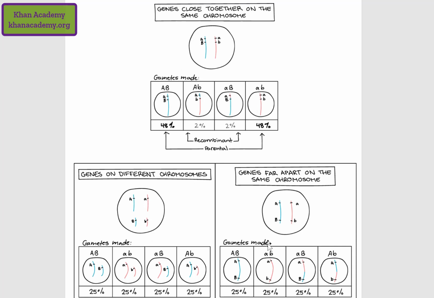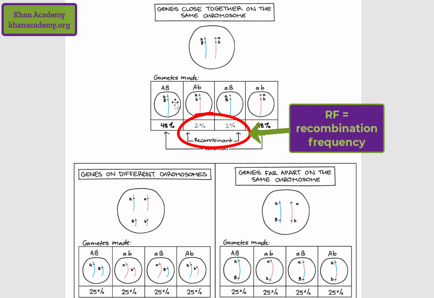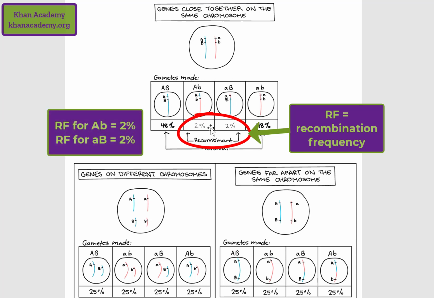These images from the Khan Academy show you the possible gametes and the chances of finding a gamete with this combination of genes. If the genes are linked and close together, we don't expect a lot of crossing over to occur between the genes. So if we looked at all of the gametes, we would have a very low percentage of gametes that had these combinations of alleles, just because the probability of crossing over occurring is low.